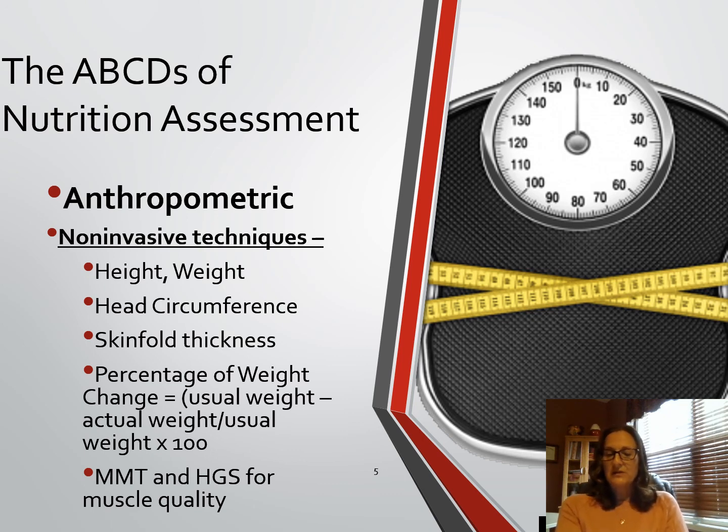So anthropometric measurements are techniques that measure height, weight, head circumference in children, and skin fold thickness. They're non-invasive techniques. We also do some calculations like the percentage of weight change, which is equal to the usual weight of the patient minus the actual weight divided by the usual weight of the patient times 100.